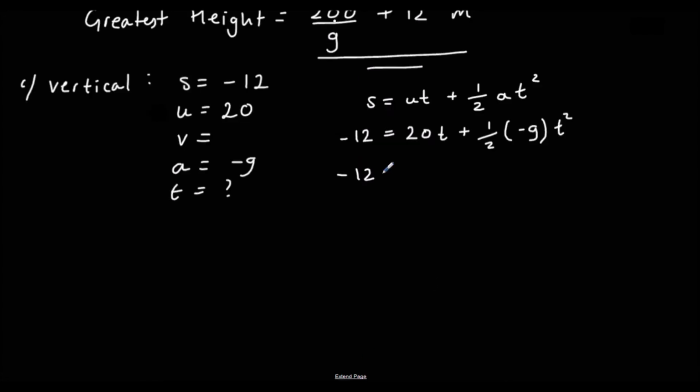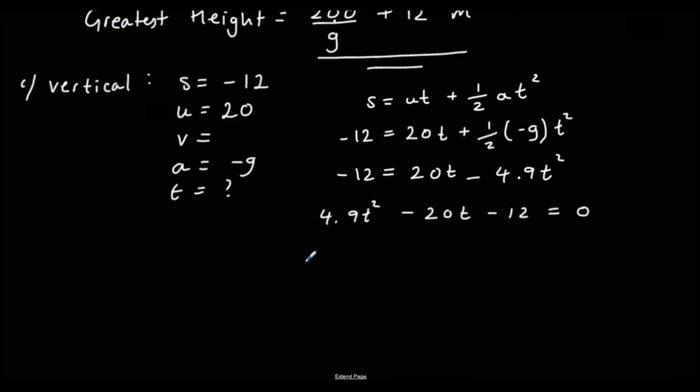So negative 12 equals 20t minus, if I use g as 9.8, half of 9.8 is 4.9, so minus 4.9t squared. I'm going to make the 4.9t squared positive, so I'm going to add it to both sides, which gives 4.9t squared. I take 20t away from both sides, minus 20t. I've still got minus 12 on the left side, equals 0.